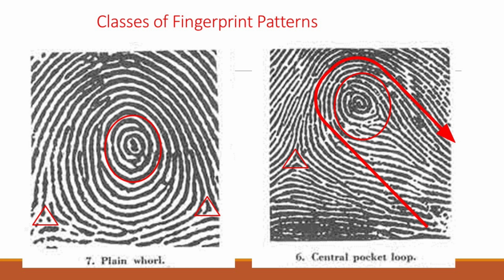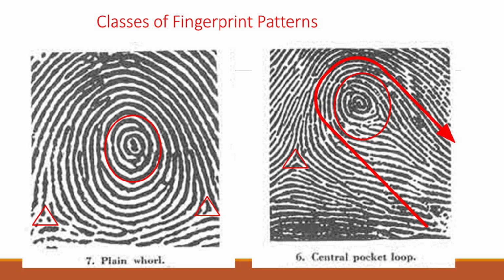The innermost lines move and form something like a circle around a point. So look at it. The lines just form the innermost circles, the innermost lines form something like a circle.